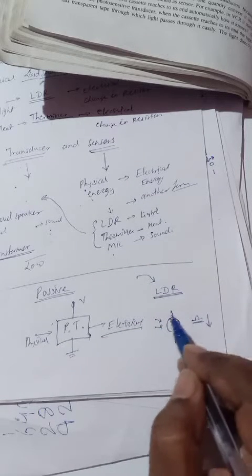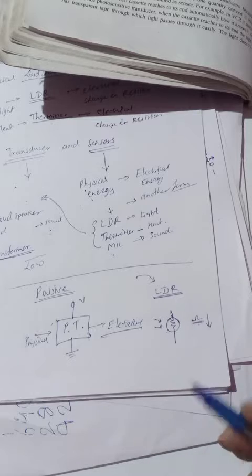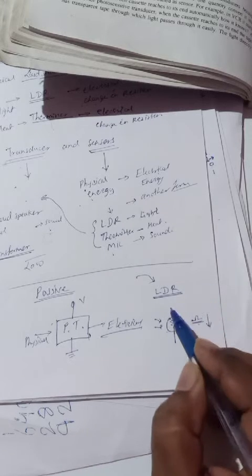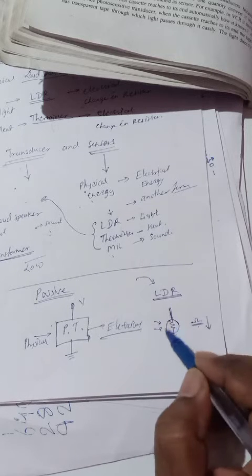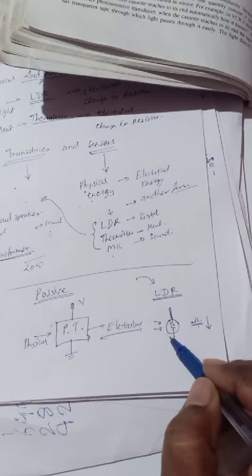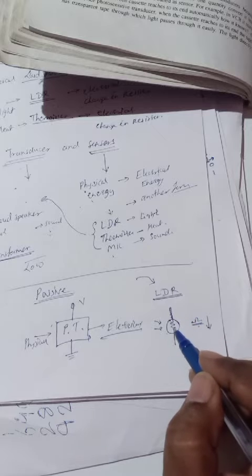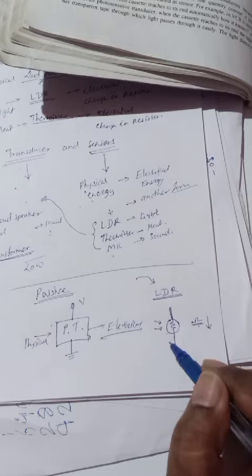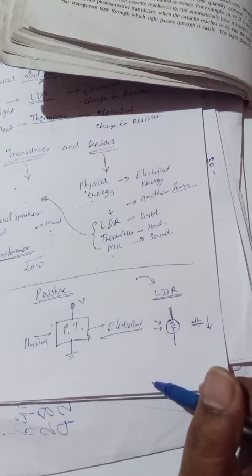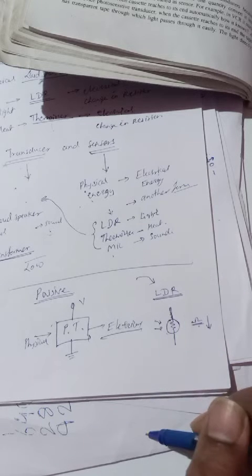When the LDR is in dark, its resistance value increases. So this is a light dependent resistor. And how are we going to recognize that the resistance has changed? How can we recognize that the resistance has changed?